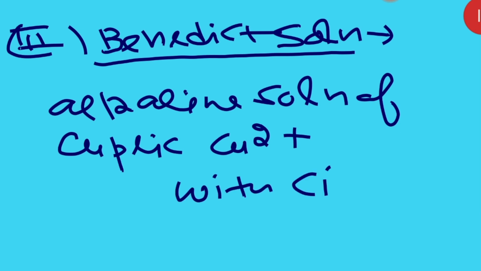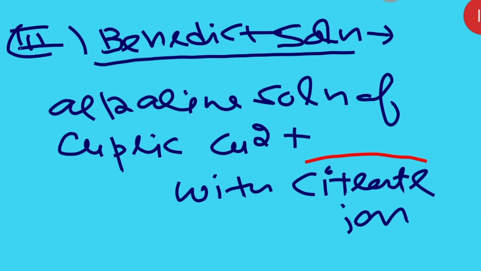Previously it was the Rochelle salt, now it is a citrate ion. This is the difference, and all the reactions and PPTs will be the same. It reacts the same way as it does with the Fehling solution. Is that clear? Okay, students, so this was the oxidation of aldehyde.